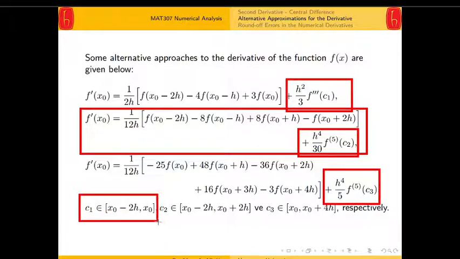So C1 is in this interval, and C2 will be between x naught minus 2h and x naught plus 2h. This is where C2 lives, and C3 will be between x naught and x naught plus 4h. So these are the intervals where the C values are.